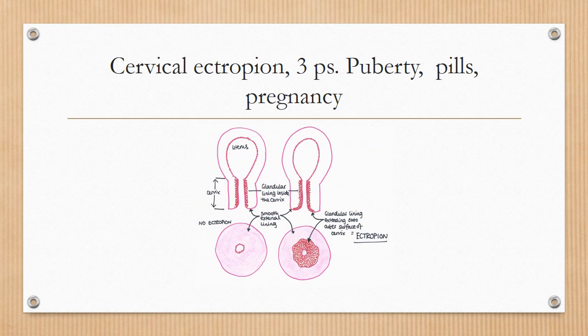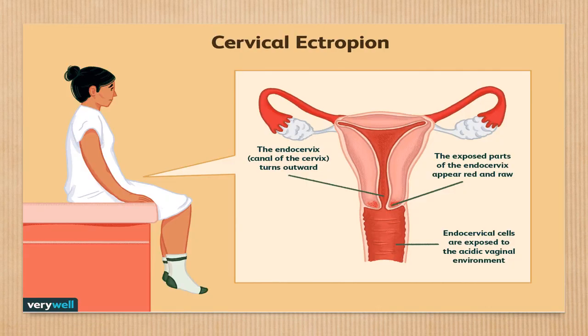These columnar or glandular cells lying in the endocervix are exposed towards the vagina, and then this area is called ectropion. Actually, this is the area of the cervix where the columnar cells are exposed to the acidic environment of the vagina, and then to resist that, cervical metaplasia occurs.